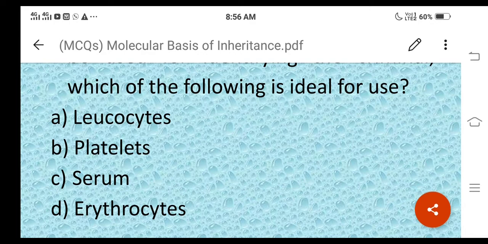They have a nucleus, in which we can find the DNA or genetic material. But the remaining ones like platelets, serum and erythrocytes are enucleated, and the nucleus will be absent. Because of this, we mainly collect the leukocytes. Option A is the correct answer, right?